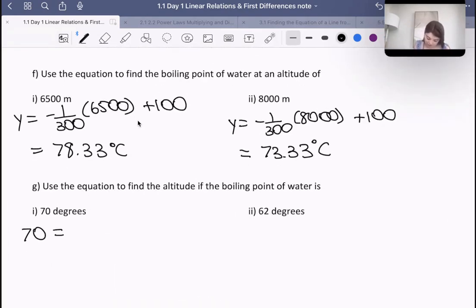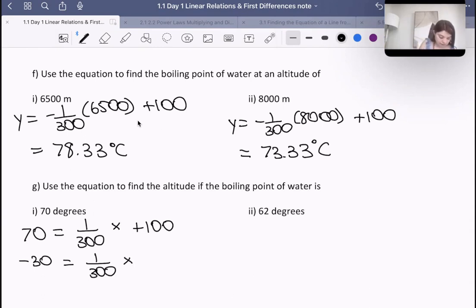So 70 is equal to -1/300x plus 100. Okay, so now we're going to subtract 100 from both sides. Over here, we're going to get -30 is equal to -1/300x, and then 30 times 300, and its negative, is going to give us that x is equal to -9,000.